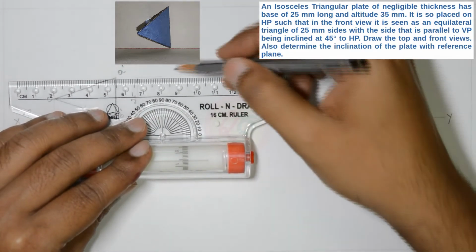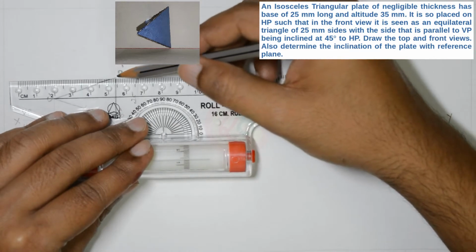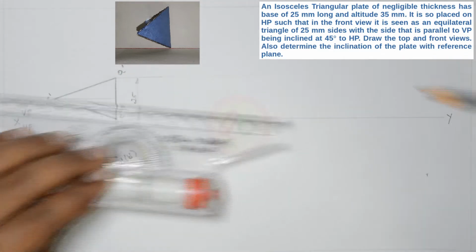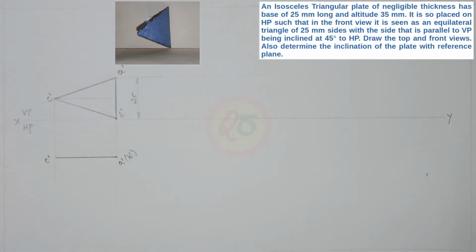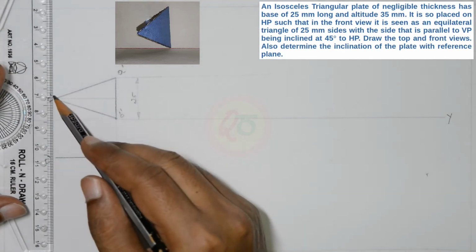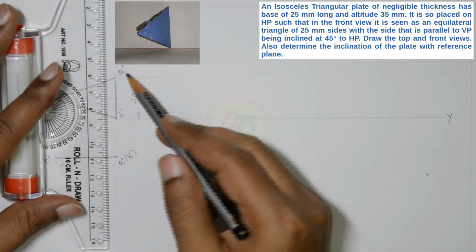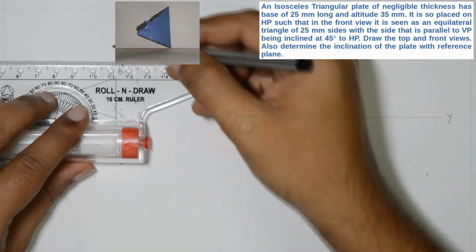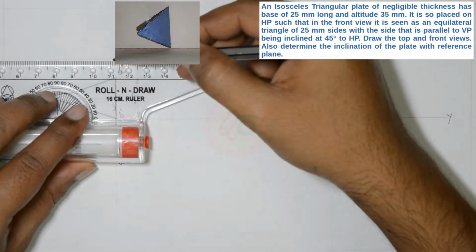I'll take the reference or projection from A dash, since it is at 25 millimeters above the XY line. I'll also mark the 35 mm line.